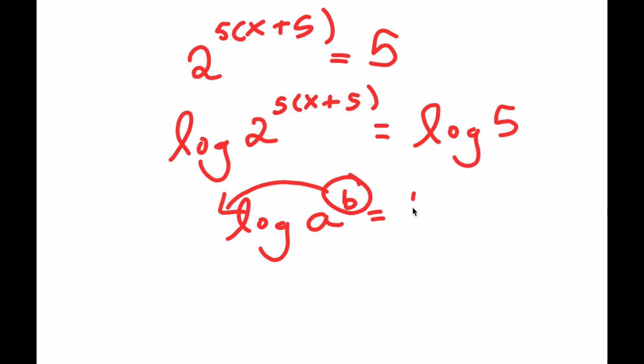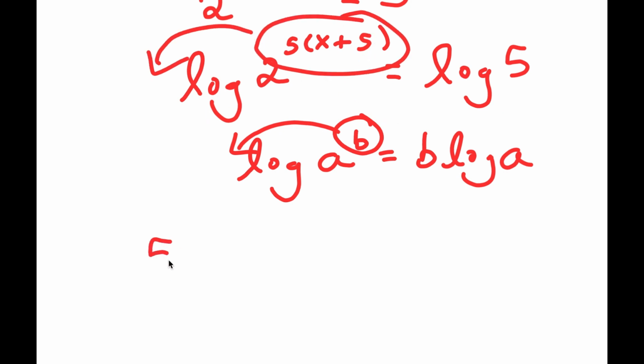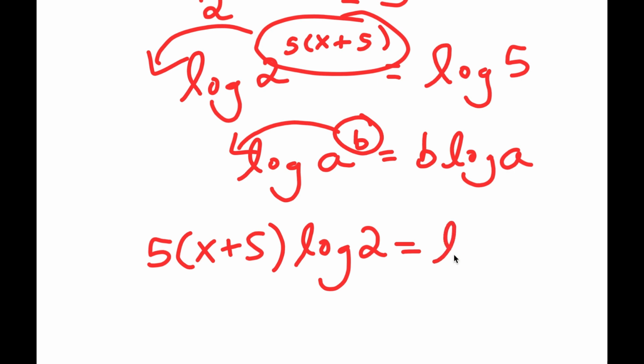So this is going to equal b times log a. So log of 2 to the power of 5 times x plus 5, I can move 5 times x plus 5 to the front. So this is going to equal 5 times x plus 5 times log 2 is equal to log 5.